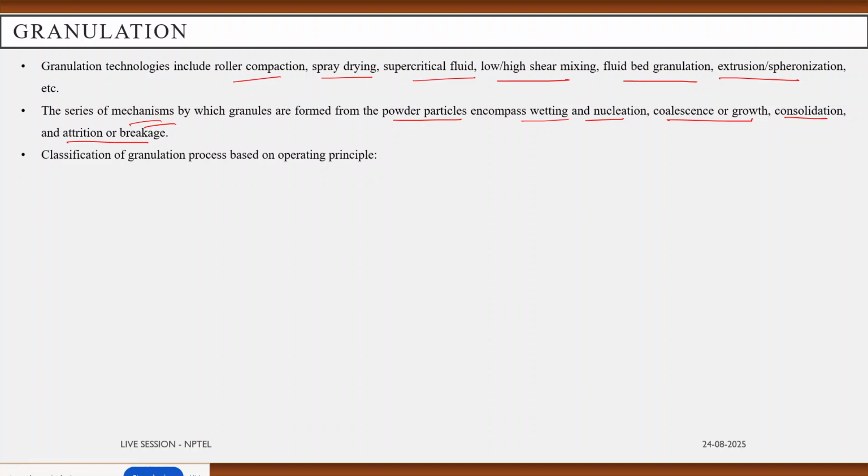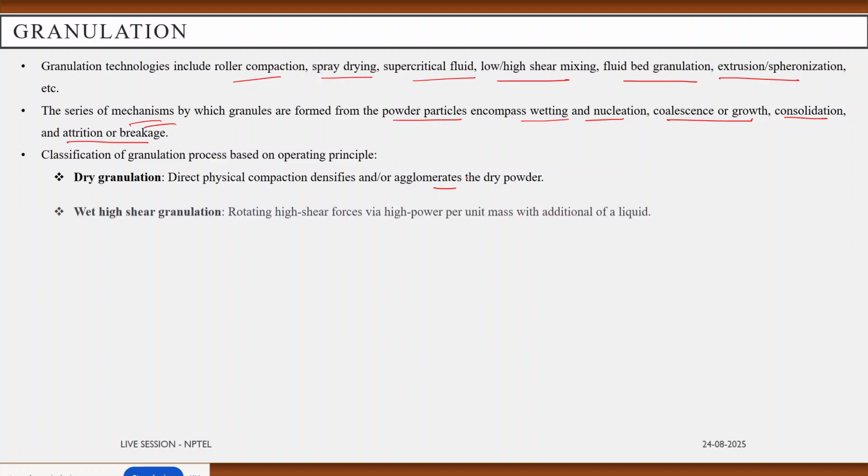So, classification of the granulation process based on the operating principle. First one is dry granulation, where we mainly focus on the direct physical compaction or densification process, which produces agglomerates from the dry powder.